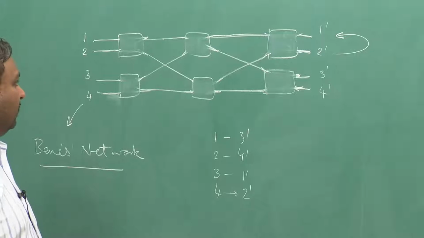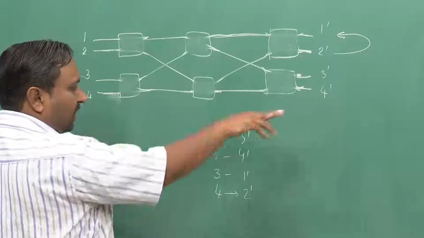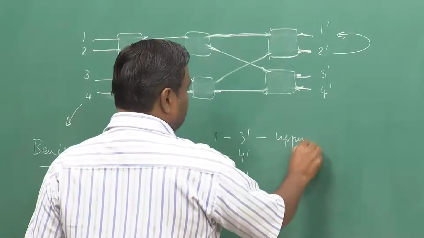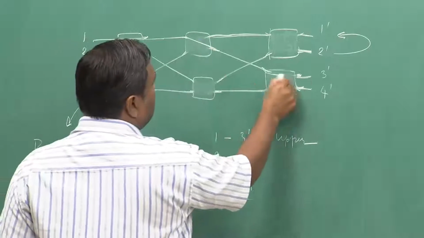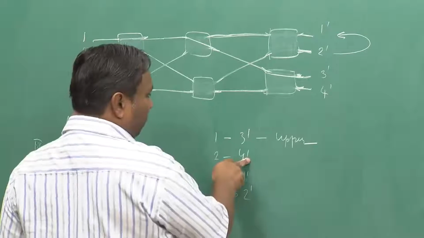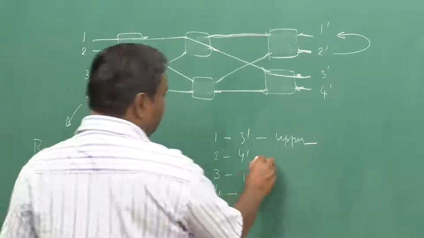Okay. So, 1 to 3 prime, and this time I am going to go from upper. So, 1 to 3 prime goes here. Corresponding to 3 prime there is a 4 prime. So, I need to create 2 to 4, but I will be using the lower one.